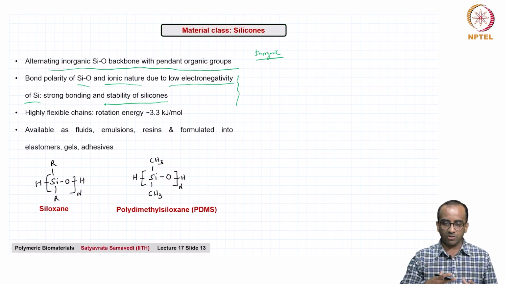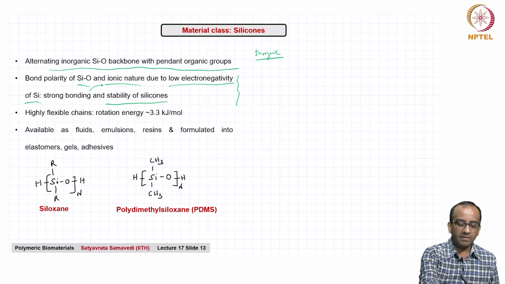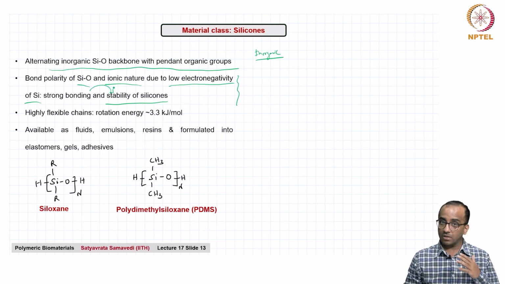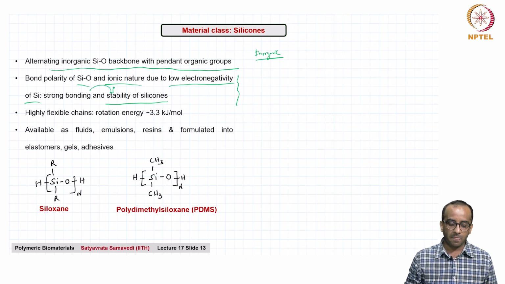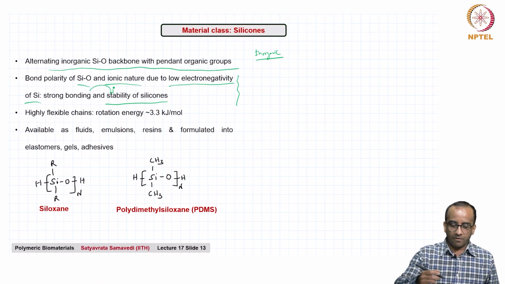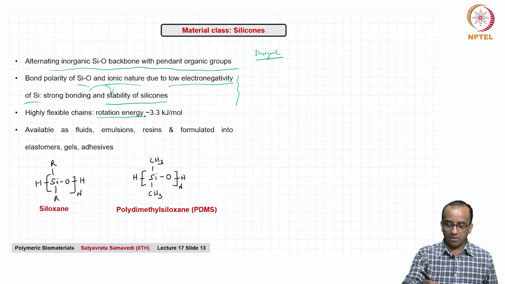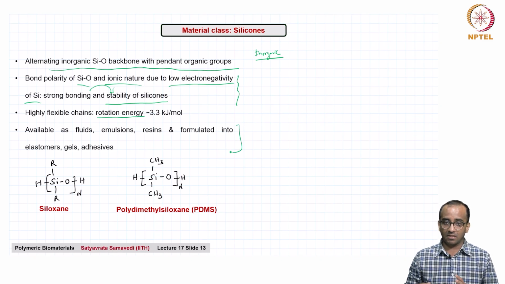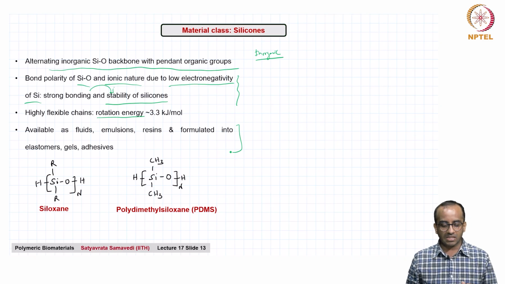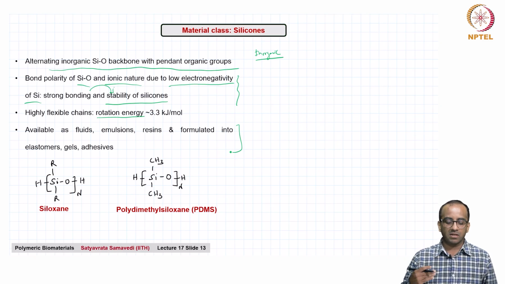They also have very strong bonding as a result of that, which results in very high stability of silicones and that is desirable in many applications. Because of a very small rotation energy associated, they have very highly flexible chains. And what's fascinating is the category of silicones can exist as fluids, as emulsions, as resins, and can be formulated into elastomers, gels, and adhesives.